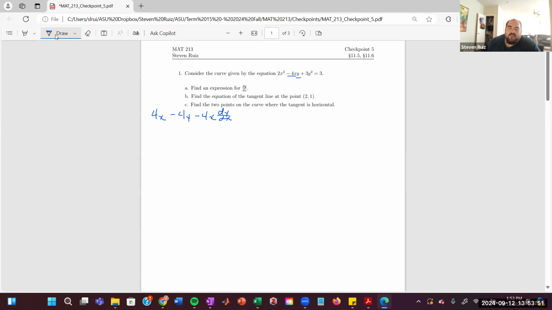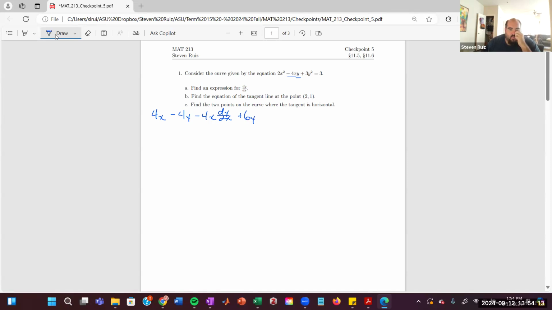Moving on, 3y squared. We have to use the chain rule and implicit differentiation together here. First we're going to take the derivative of 3y squared with respect to y, so that'll be 6y.